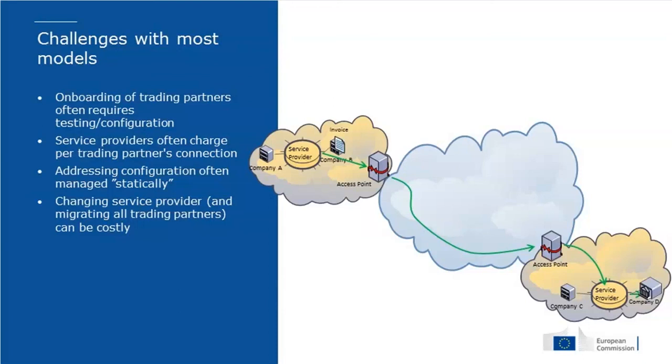And over time, you build up lots of these connections, which means it's also hard to change to a new service provider, because then you need to connect them all again. And specifically, if you have paid for each connection, you might run the risk that you have to pay for them once again. So the migration between service providers can be complicated.